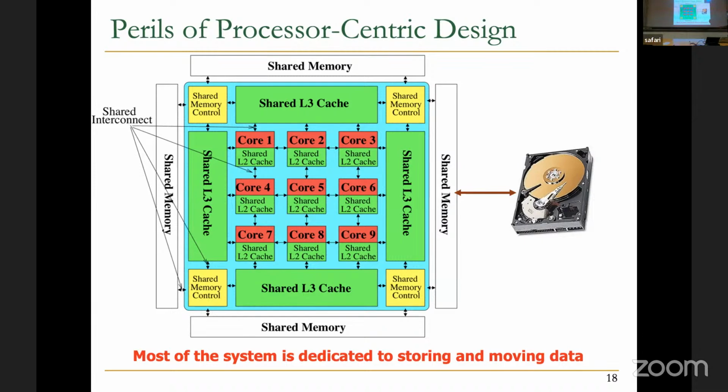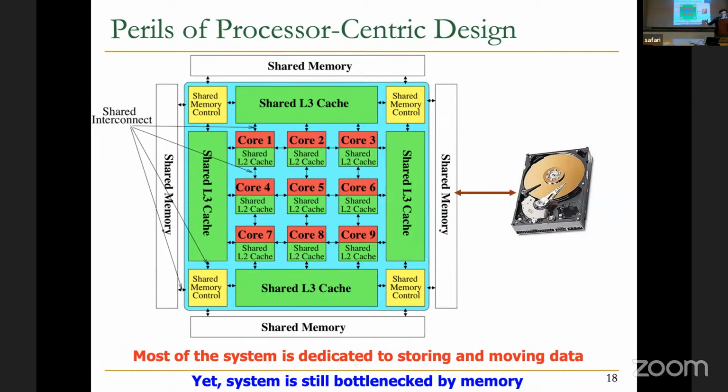Not all of these need be shared, by the way. Inside the cores, we typically have private L1 caches. But in the end, this shows that most of the area in the computing system is devoted to storing data and moving data, and not so much of the system is used for the computation itself. But still, the system is bottlenecked by memory.